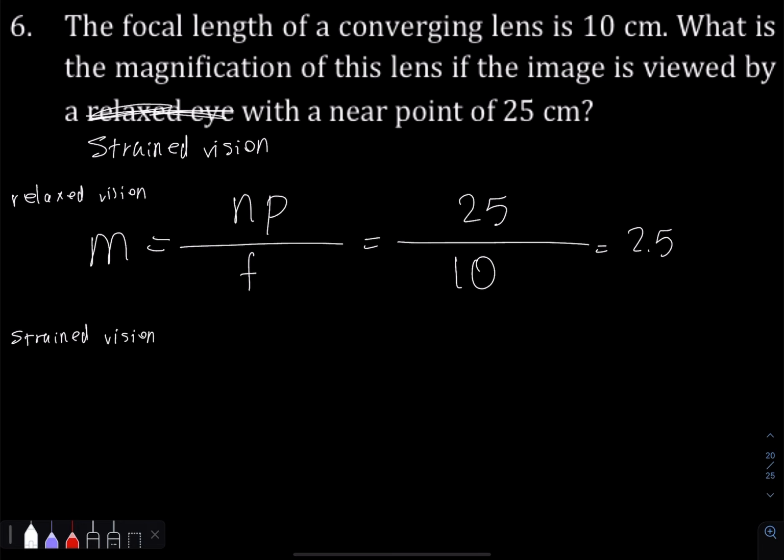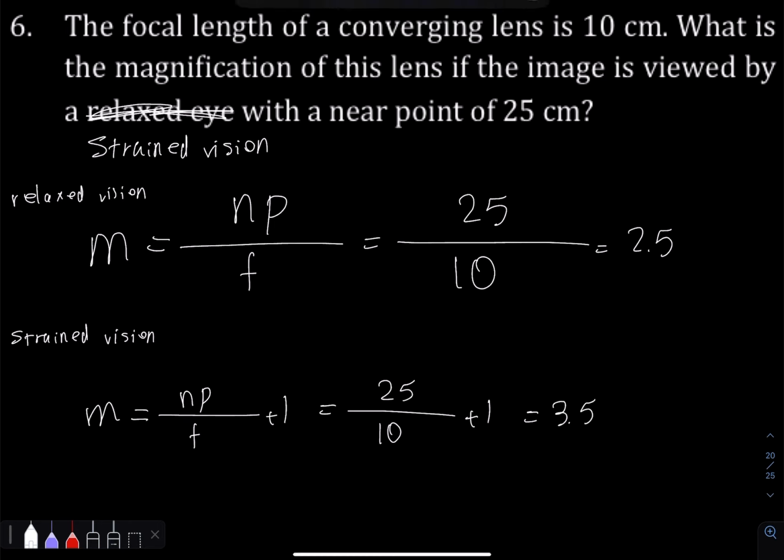It's pretty simple. So it'd be near point over focal length, which is 25 over 10, plus 1, that just comes out to 3.5. Very simple. Okay.